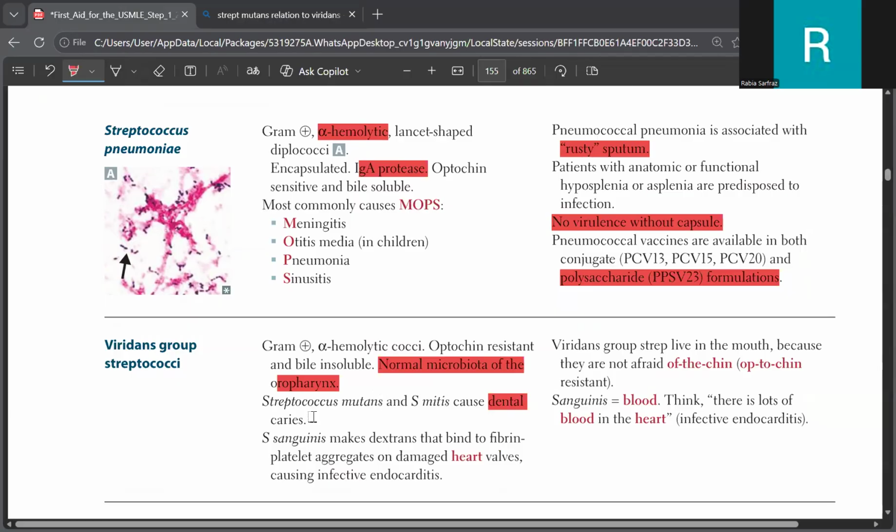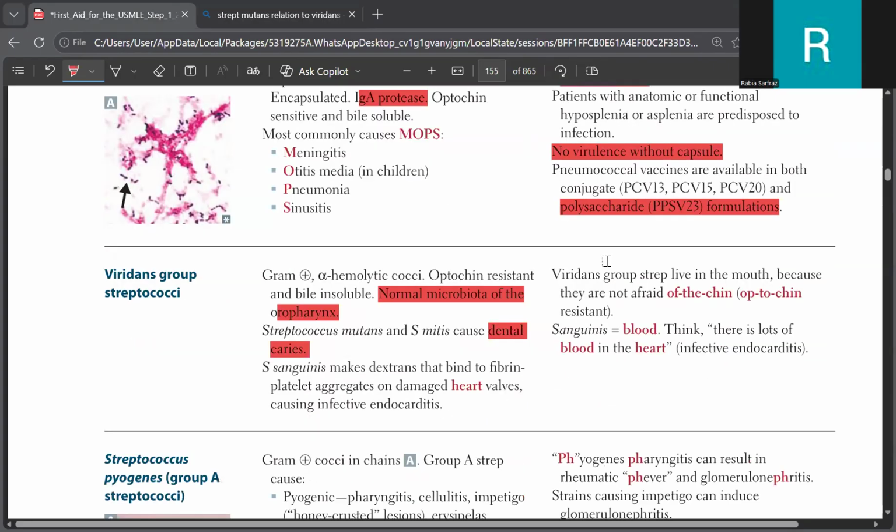And S. sanguinis, which is also a member of this group, makes dextrans that bind to fibrin-platelet aggregates on damaged heart valves, causing infective endocarditis. So there's a damaged heart valve, and sanguinis is going to come and make dextrans on it, and these dextrans will bind to fibrin-platelet aggregates on damaged heart valves and then cause infective endocarditis.